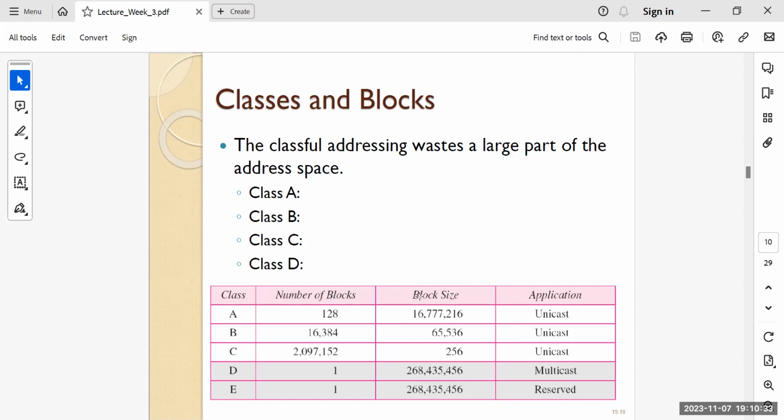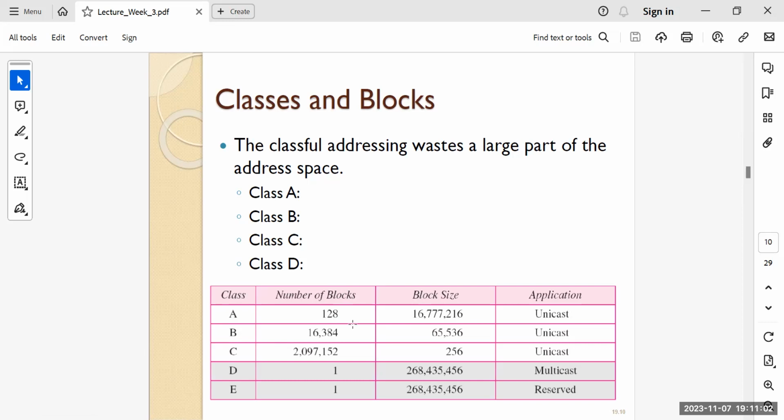But for the time being, let us try to understand the meaning of the number of blocks and block size. For example, you live in some housing society, and there are different kinds of blocks in it. Say you live in Johar Town, and you have some blocks of that: A block, B block, C block, and so on. There can be a number of blocks, and in each block there are different numbers of houses.